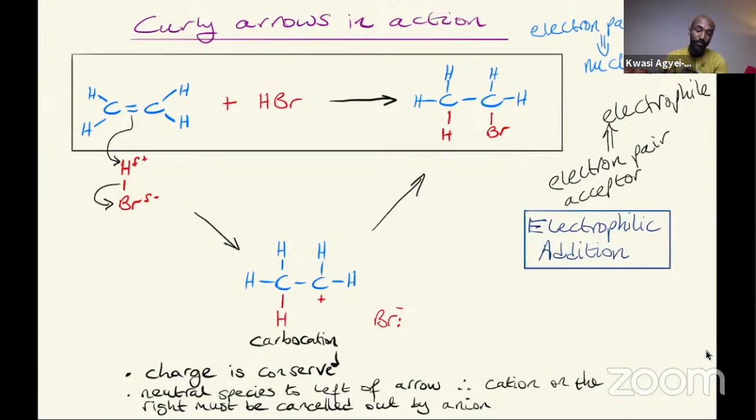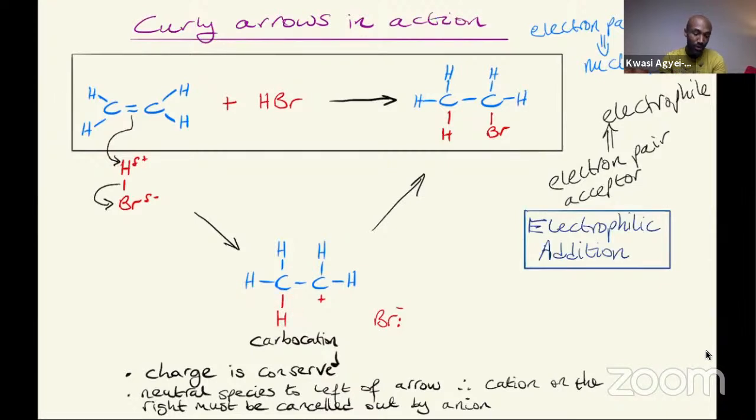Okay, so what is the result of these two curly arrows being drawn? The result, of course, is that you've broken the pi bond of your double bond, so you no longer have a double bond. You have formed a bond between one of the carbons and the hydrogen, and here we have it here, the CH bond.